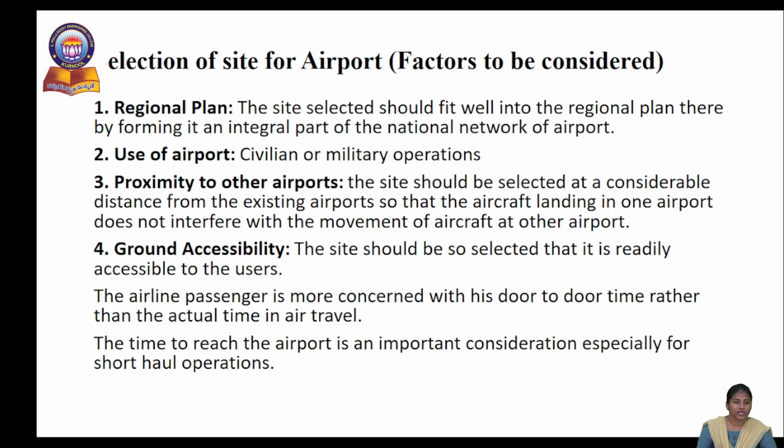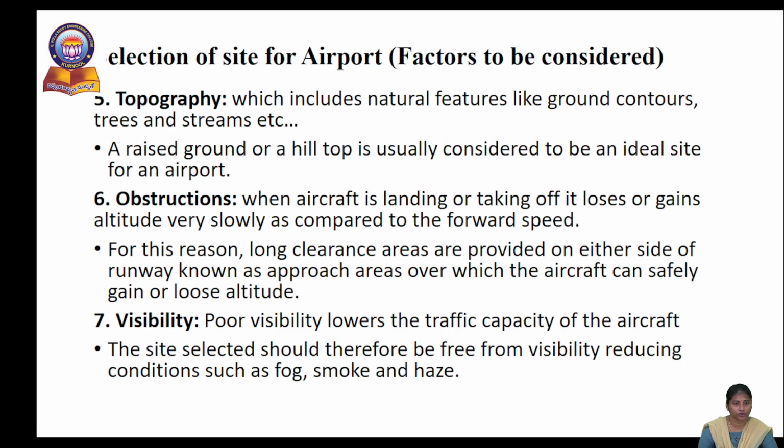The next factor is ground accessibility. The site should be selected so that it is readily accessible to the users. An airline passenger is more concerned with his door-to-door time rather than the actual time in the air. So the time to reach the airport is also an important consideration, especially for short haul operations.